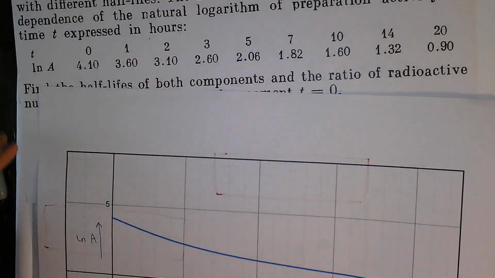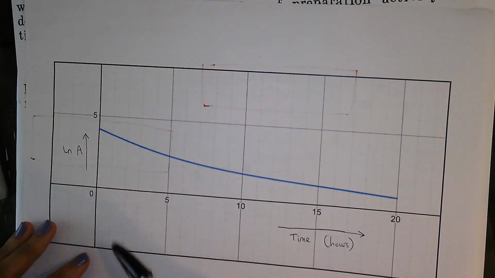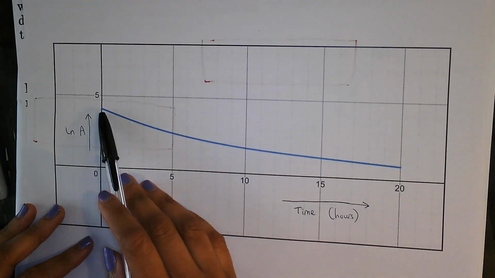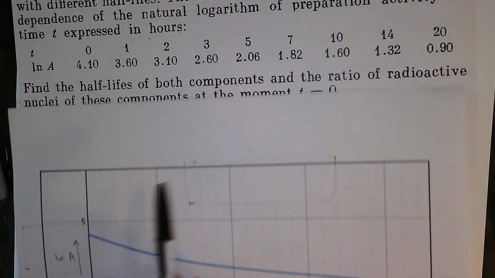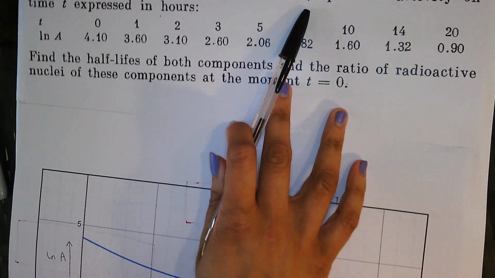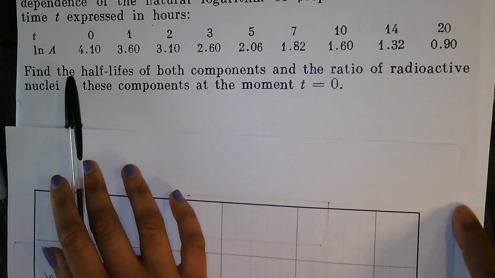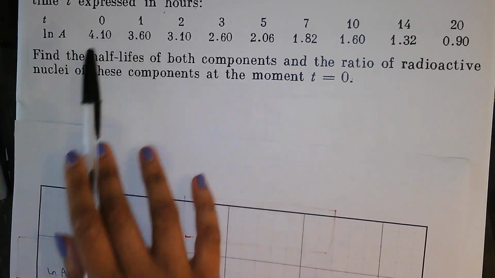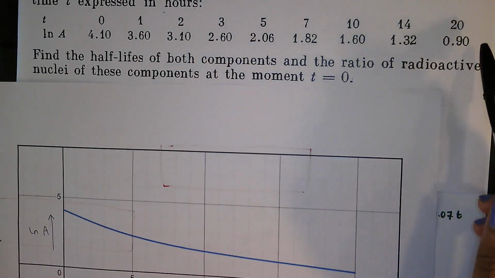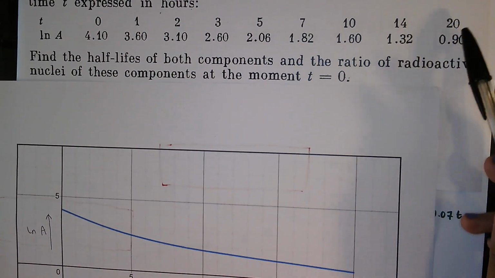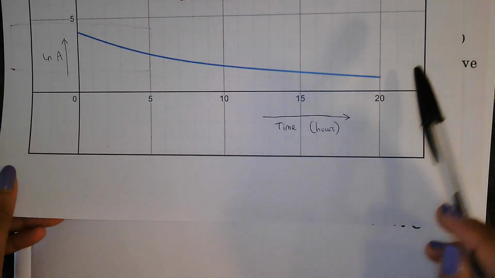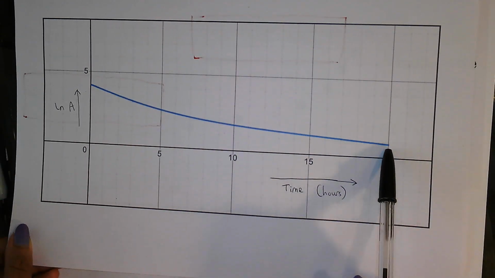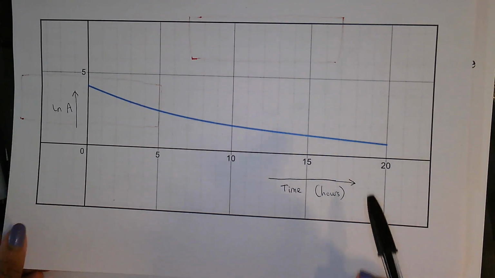We can see that when t equals 0, our graph is showing that it's around 4, or just above 4, and the data gave that when t equals 0, ln A was 4.1, so that's pretty accurate. And then when t equals 20, ln A was 0.9, and here we can see that when t equals 20, ln A is just under 1, so that's pretty accurate.